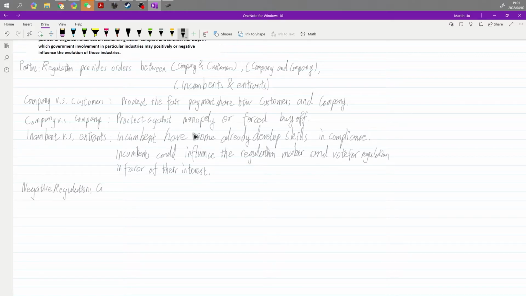General economics will suggest regulation could potentially create that deadweight loss.